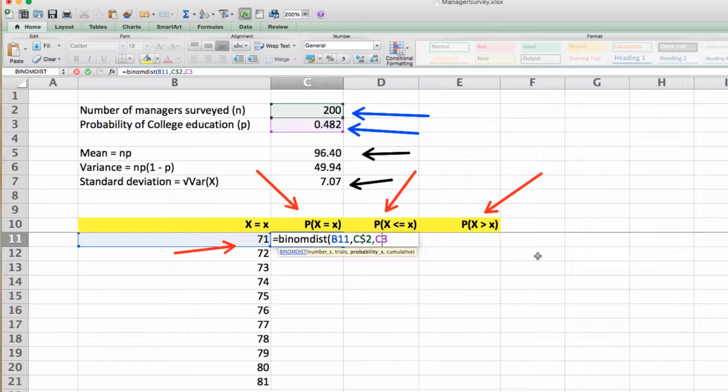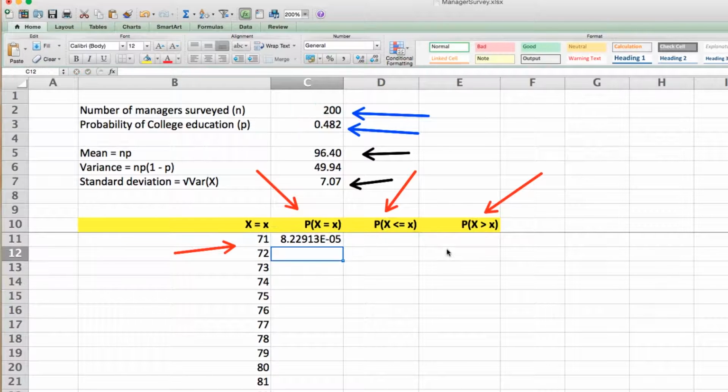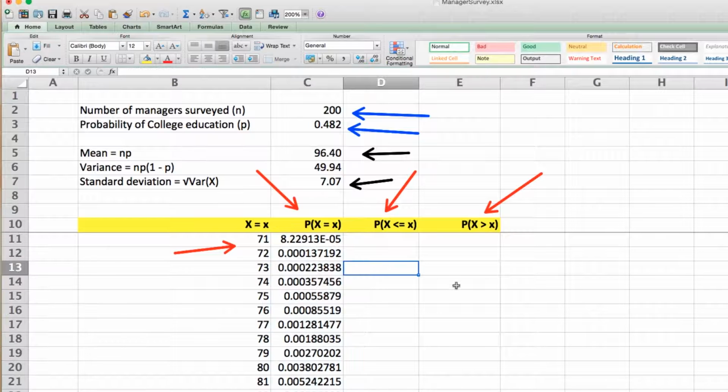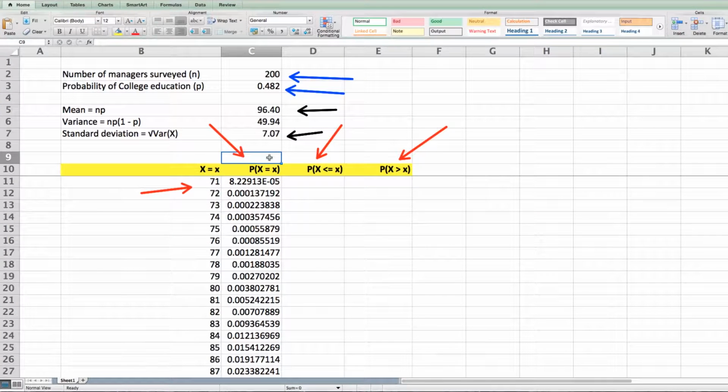I'm going to throw in a dollar sign again. And 0 is our cumulative flag over here. It means give me point probabilities. I have a very slight probability here. I'm going to double click this and it populates everything. So this was our probability mass function.